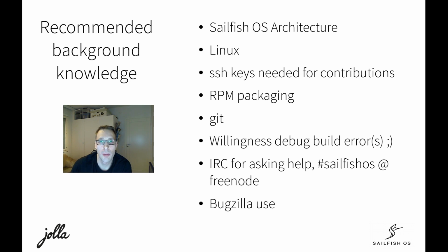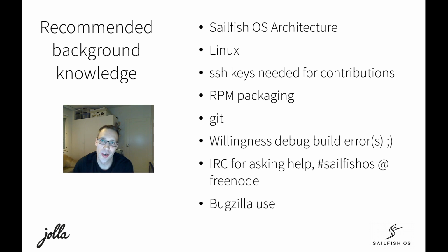Then, of course, RPM packaging, which is the packaging format that we are using in Sailfish OS. Git, which is the version control system that we are using. Basically, all our code is currently located in Git trees.